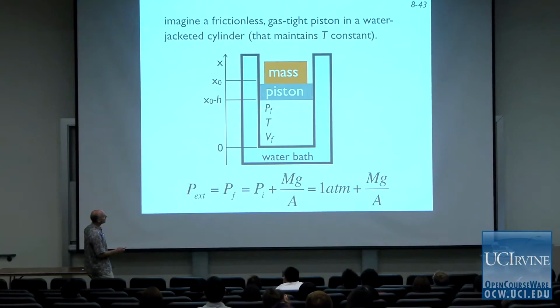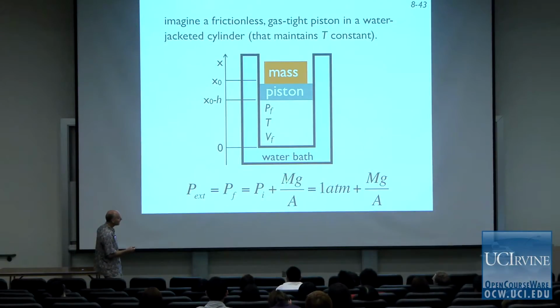Now we've got a final pressure and a final volume that are different from the initial pressure and the initial volume. Let's work through this. The external pressure is the final pressure. That's the initial pressure that we started with plus the pressure that's being applied by this mass right here. That mass has mass m, g is the gravitational constant, and A is the area of the piston.